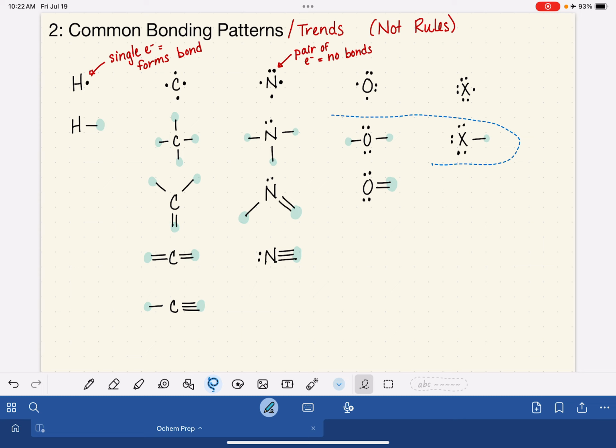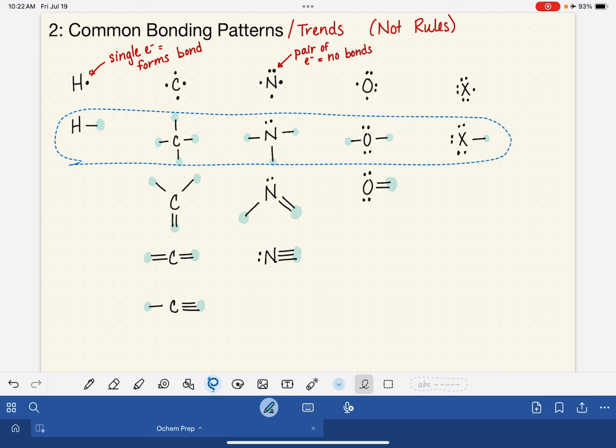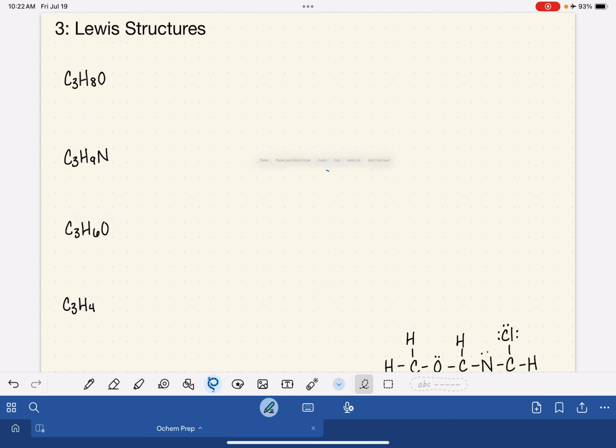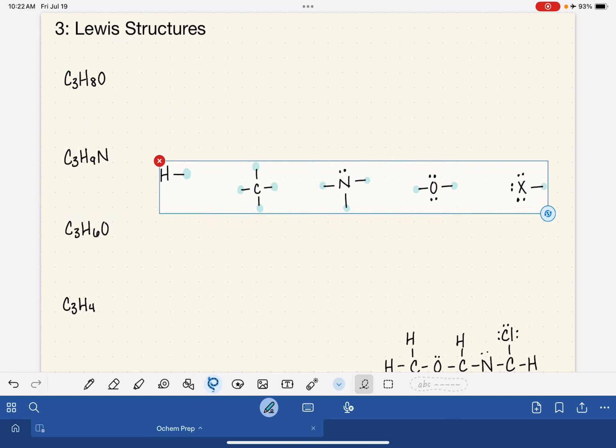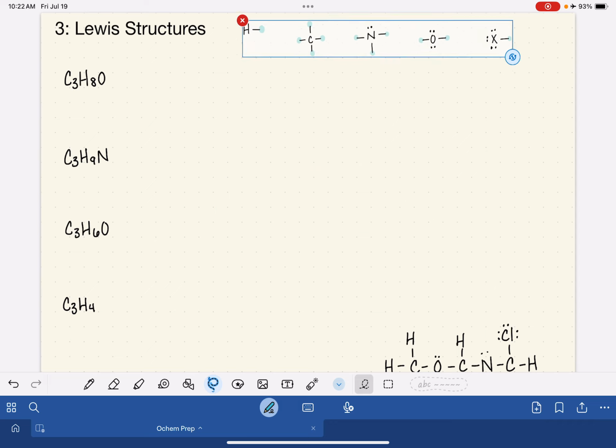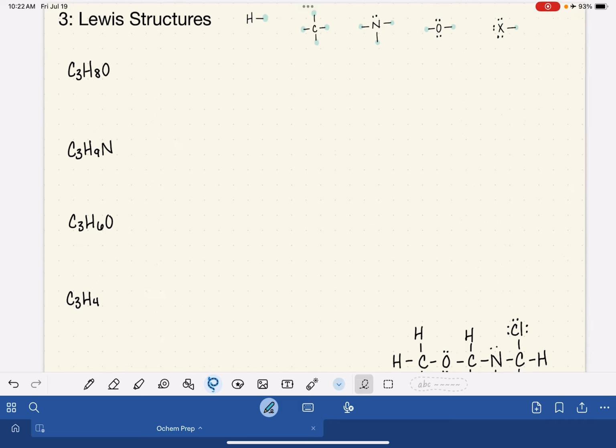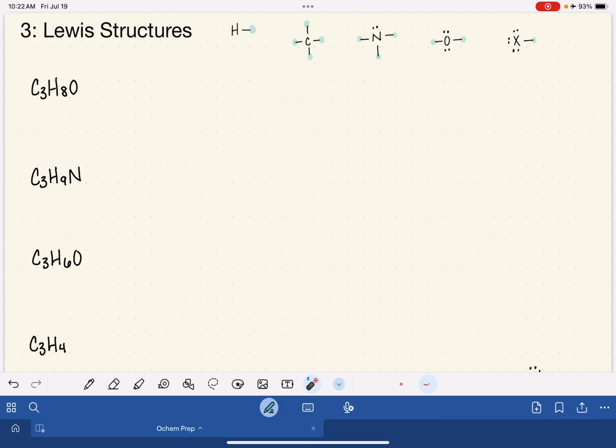So what I'm going to do is take the common bonding patterns for the elements, just showing the single bonds. I'm not going to copy the ones with the multiple bonds, just to save space. I'm going to stick them over here so that we have them handy for reference while we're working through these problems. And we're just going to jump right in and draw some Lewis structures for some organic molecules.